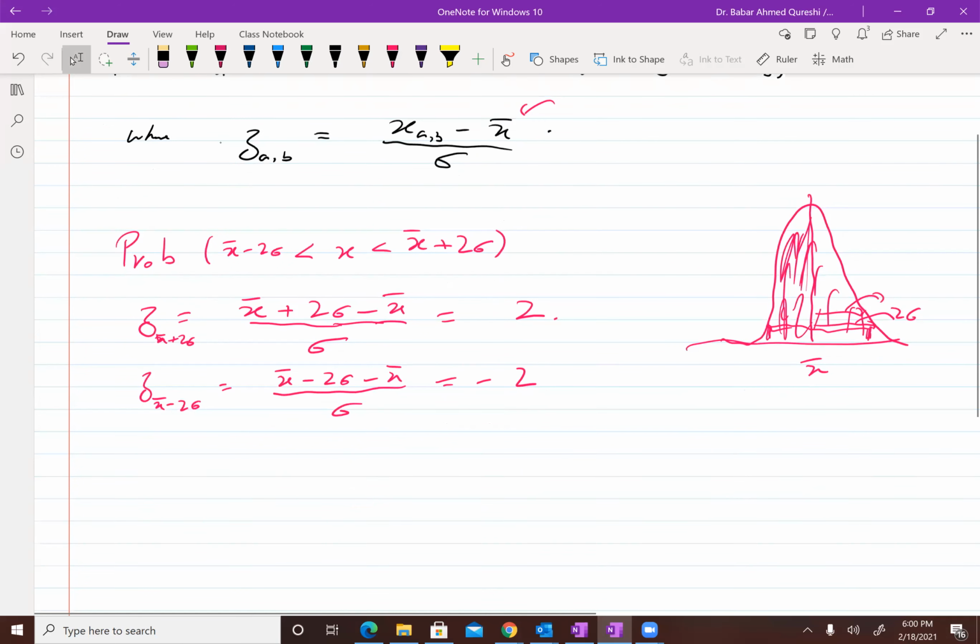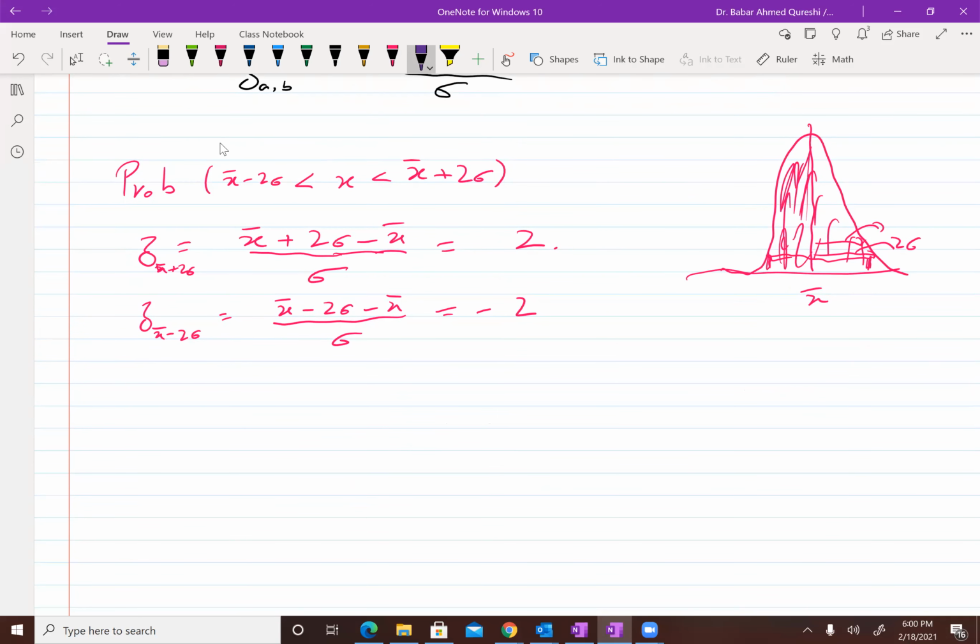And you can also probably write this formula. If you want to know this probability for x to be between two values, usually you will compute it by computing these two numbers.